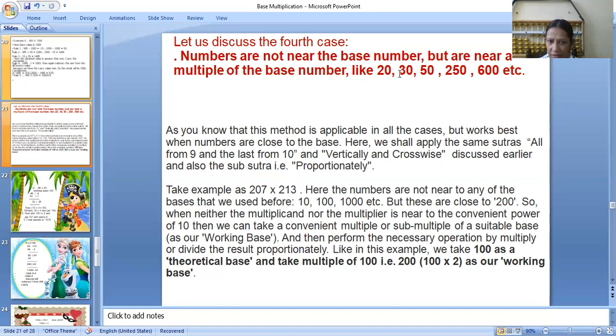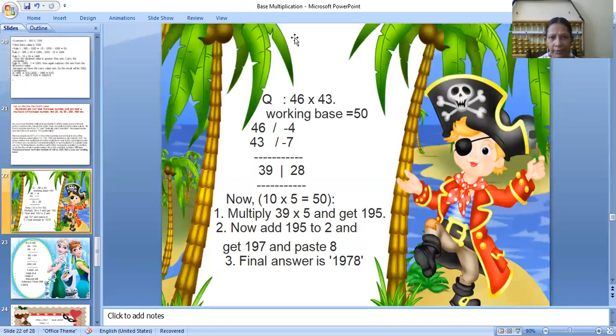So now let's see how you can do this. Now you look at this question. I will explain how you have to do this. My question is 46 multiplied by 43. So what is the working base here? 50 is the working base here, because these numbers are closer to the base 50.